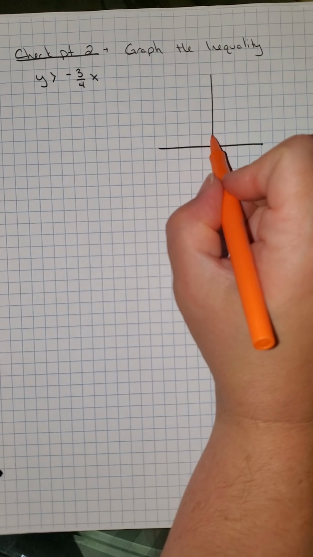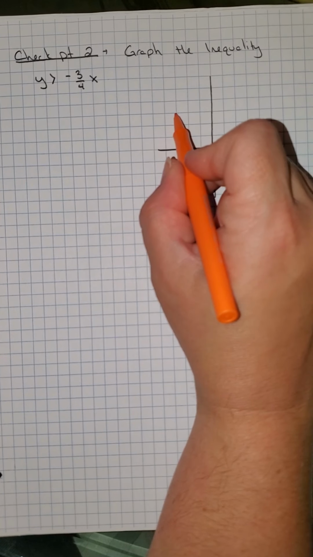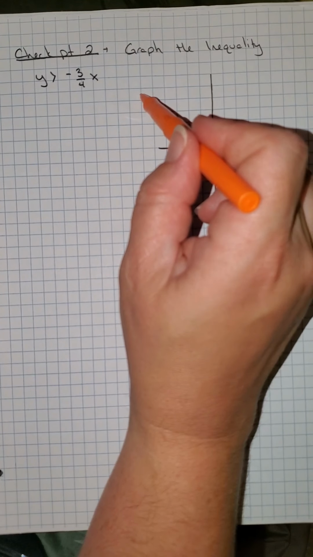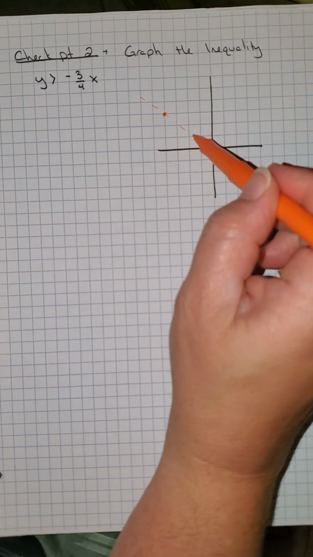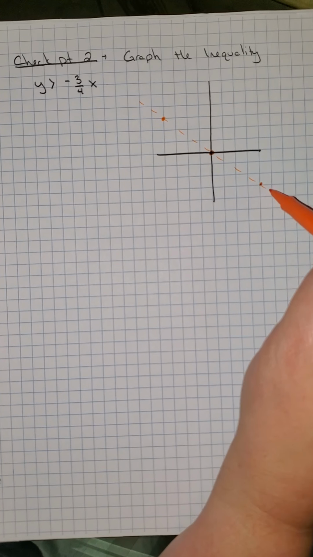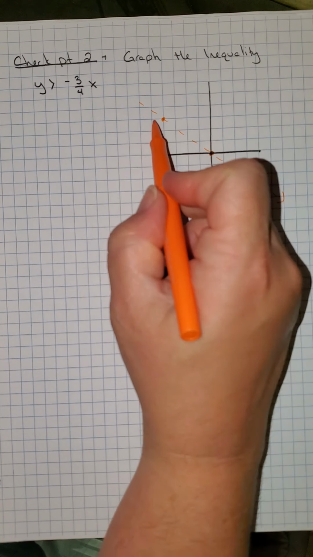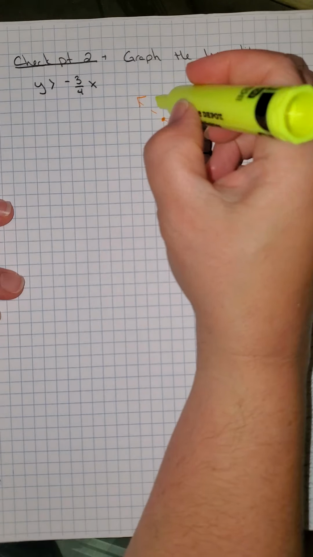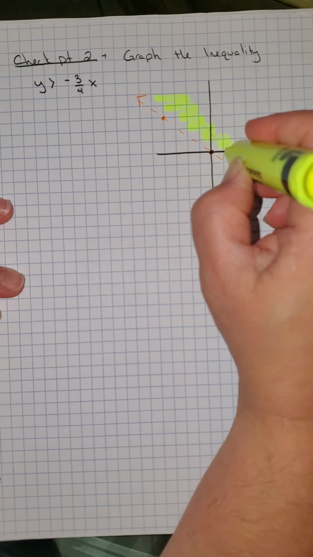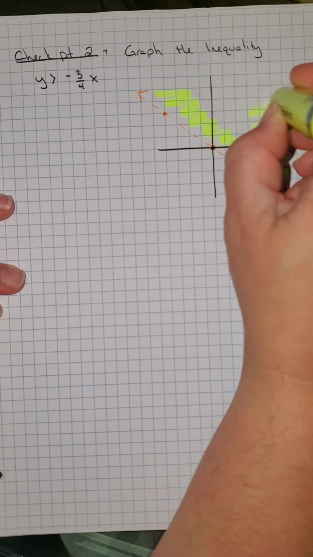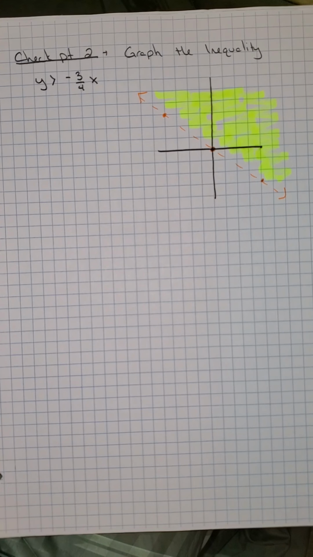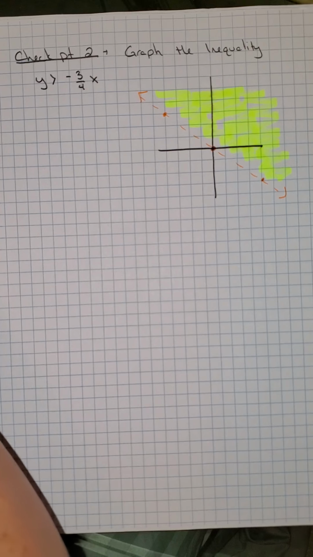Or you can go up 3, left 4. And this one's greater than, so it'll be dotted. And greater than means we're going to shade up. So everything in this area would be true if you plugged it in.